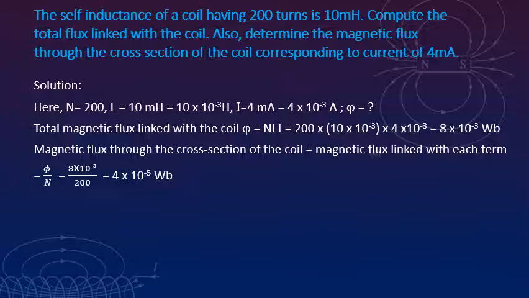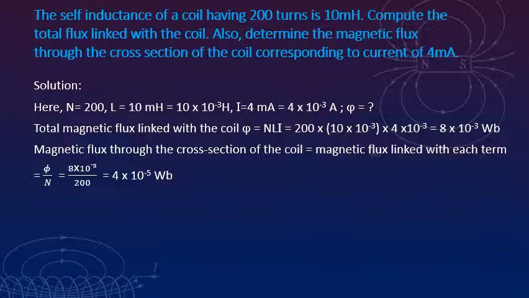Also, now we have to determine the magnetic flux through the cross section of the coil. Therefore, the magnetic flux through the cross section of the coil is equal to magnetic flux linked with each turn.